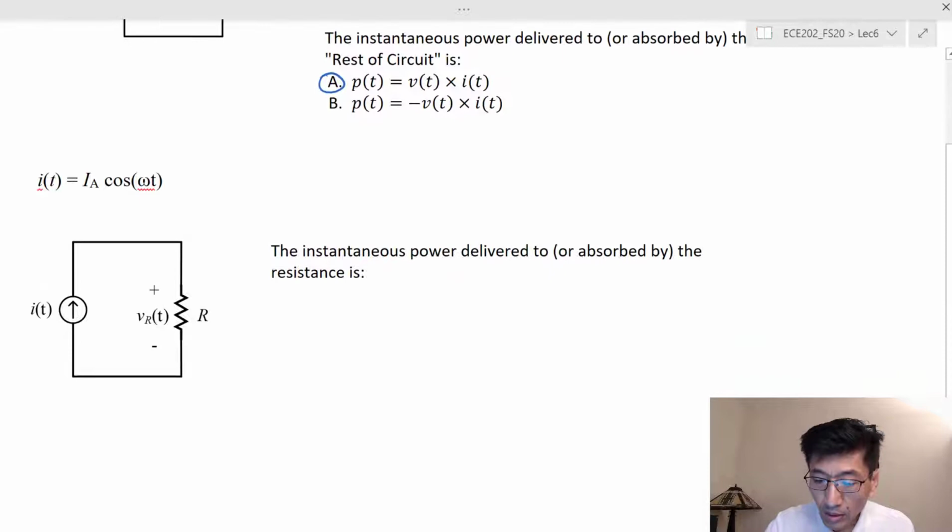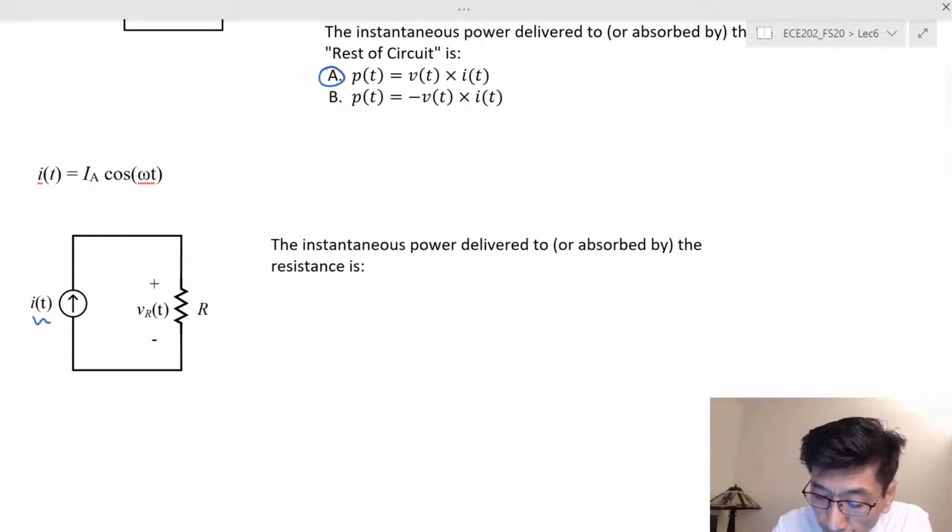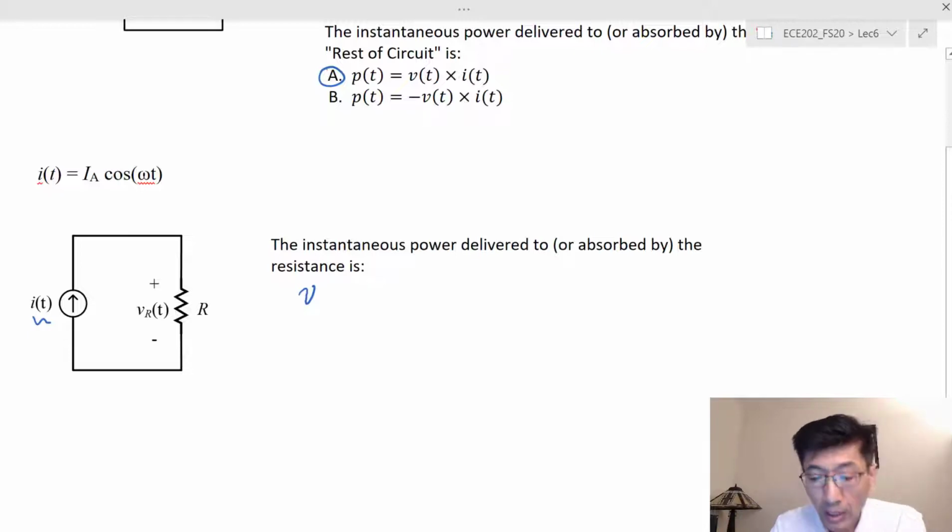Okay, so let's look at the instantaneous power for the different elements. The first one is the instantaneous power delivered to or absorbed by the resistance. Here I have the current source i(t) and v_R(t). By the way, i(t) and v_R(t) follow the passive sign convention, right?